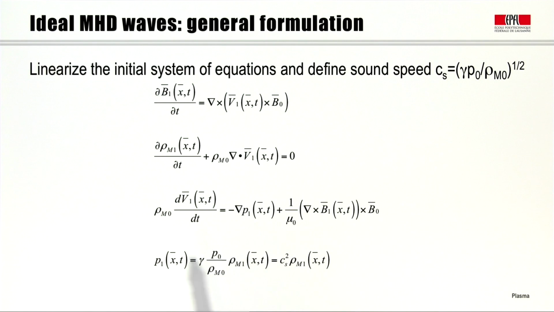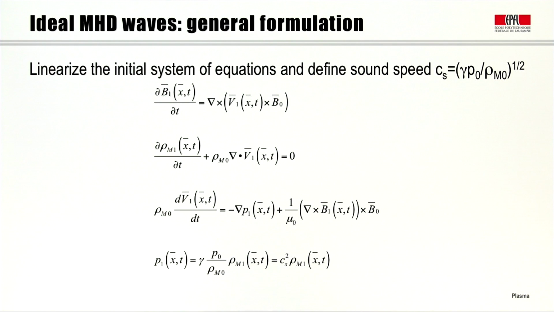The momentum balance equation, rho m0 dV1 by dt equals minus grad P1 plus 1 over mu 0 the curl of B1 cross B0. And then we have the perturbed pressure, P1 equal to gamma P0 over rho m0 times rho m1, the perturbed mass density.